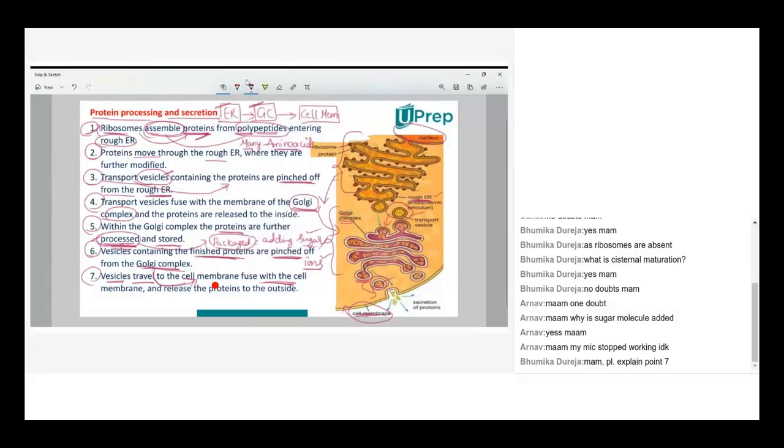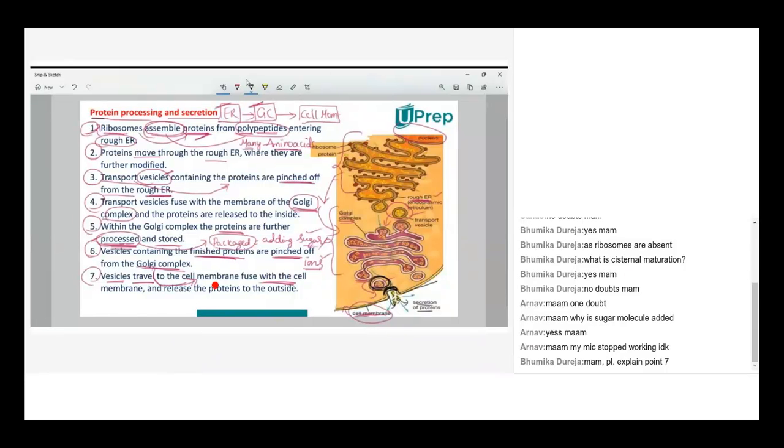Here, this is the transport vesicle with protein. I'm just shading on the diagram, just observe it. So this is the plasma membrane, isn't it? They will fuse with the plasma membrane, the evagination of the plasma membrane, and they will be released outside. So the curved structures are nothing but the packed proteins. That is nothing but secretion of proteins.